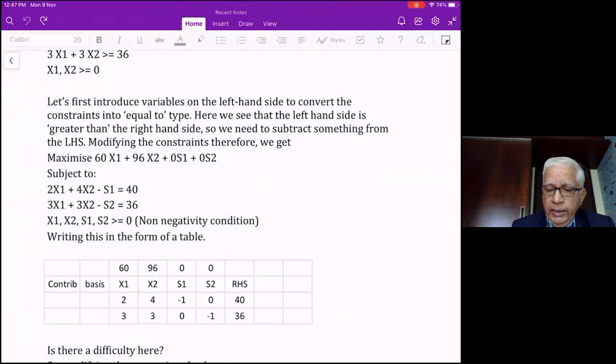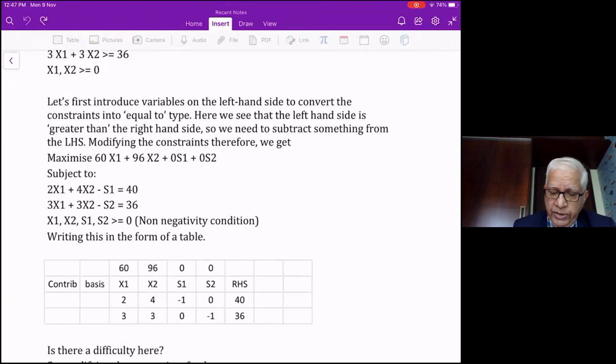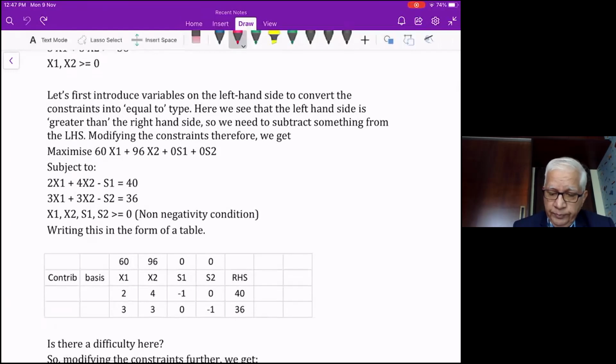Okay. Now, the second constraint. This constraint has been dealt with. The second constraint says 3x1 plus 3x2 is greater than or equal to 36. So I subtract s2 from here. 3x1 plus 3x2 minus s2 is equal to 36. So this constraint is also modified.